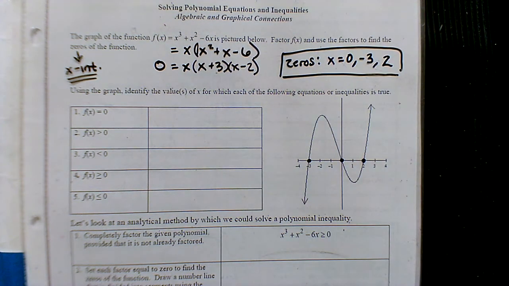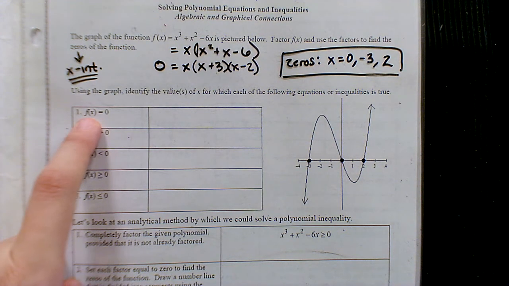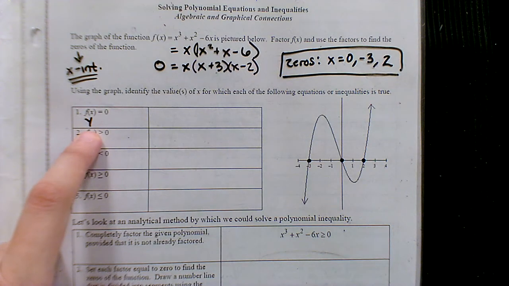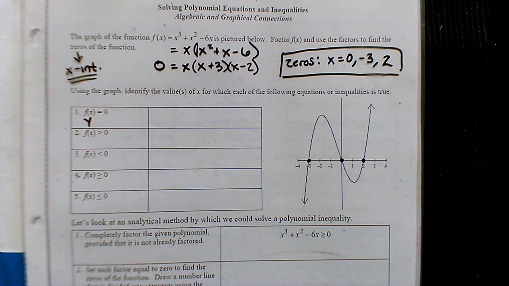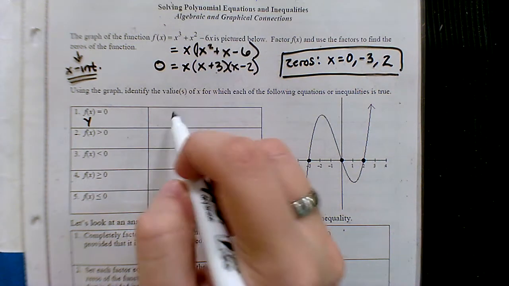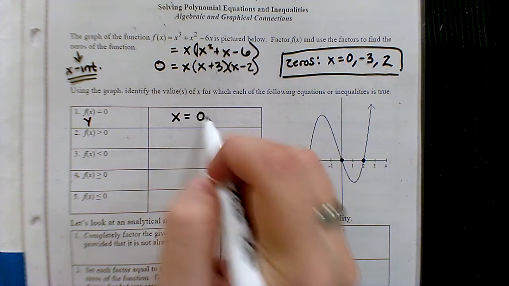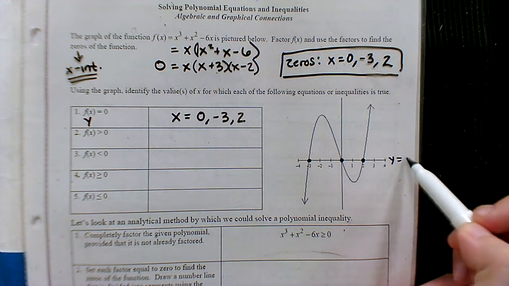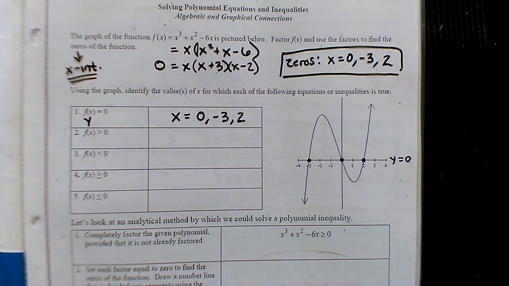All right. Let's also take a look at the graph and maybe we can identify some of these above x-axis, below x-axis connections. So the first one is asking us when is the graph, or the y values, remember f of x is the same thing as y, where does the graph have y values of 0? Yep, those are the x-intercepts that we just found. That's where we have a y value of 0, aka the x-axis.